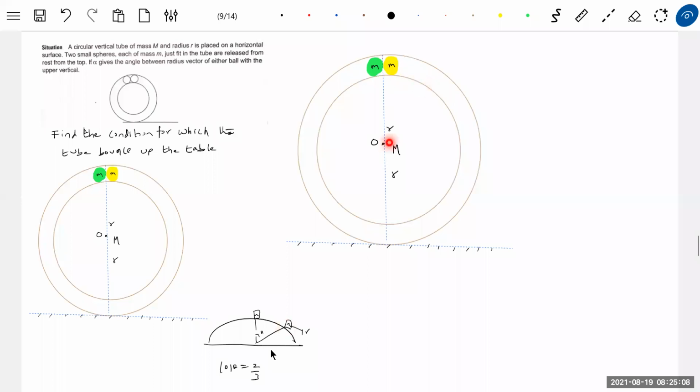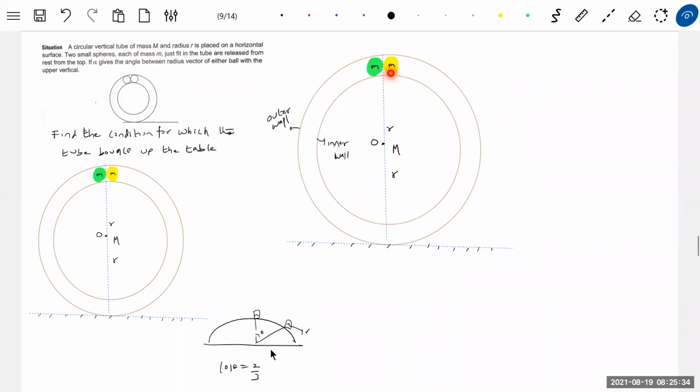So now the tube will come like this as it slides. Somewhere at an angle cos theta equals 2/3, it is going to lose contact from the inner wall of the tube. What is a tube? This is a tube. This is the inner wall, and this is the outer wall.